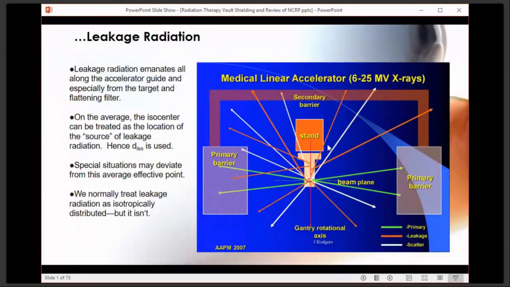And if you're really concerned about the ceiling, you might be concerned about the fact that when the gantry is pointing down, the head, the source of leakage radiation, is much closer to the ceiling than when the beam is horizontal or pointing up. That can be taken into account. But for most locations in the room, the isocenter is taken as the source or the origin for leakage radiation.